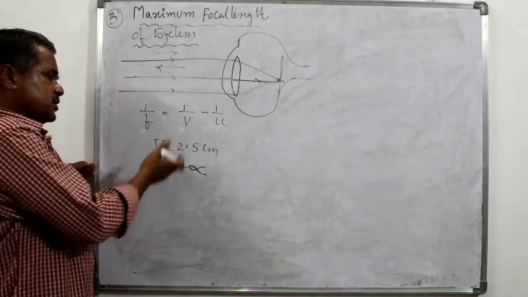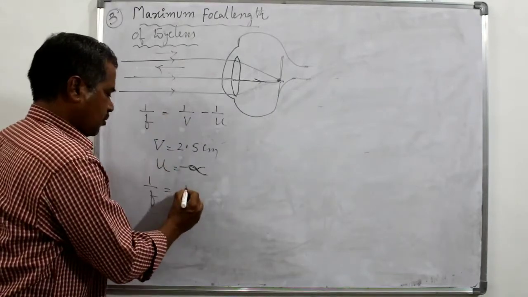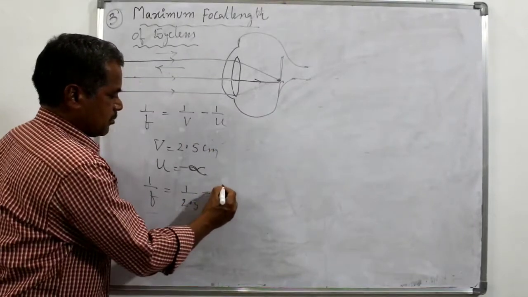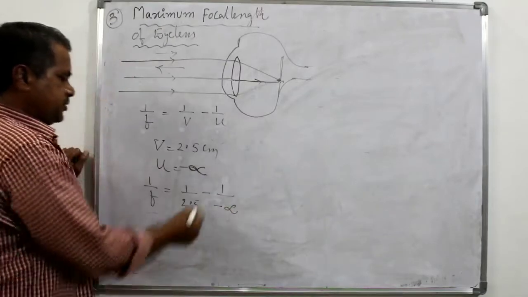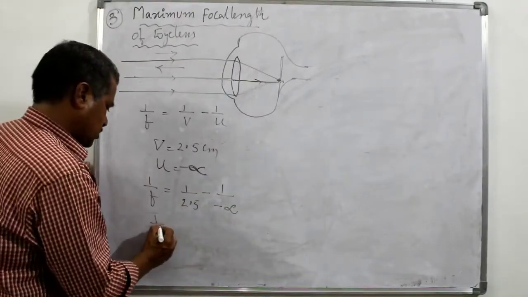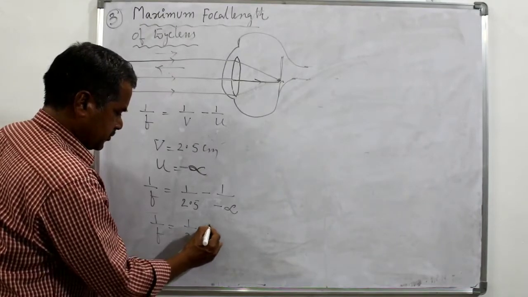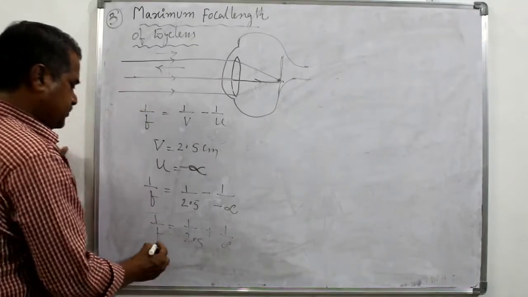So substituting these values in this equation, we get 1 by f is equal to 1 by v, v is how much? 2.5 centimeters, minus 1 by u. u is how much? Minus infinity. Minus of minus is plus. 1 by f is equal to 1 by 2.5 plus 1 by infinity.